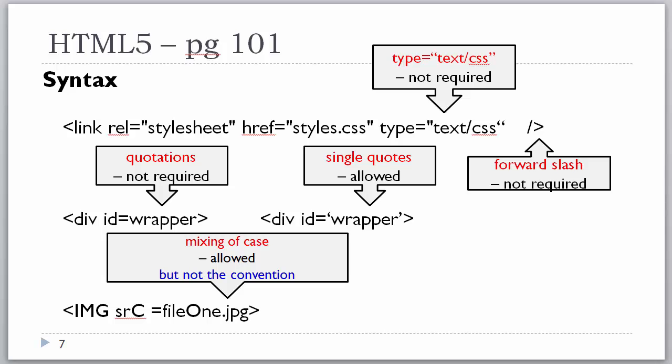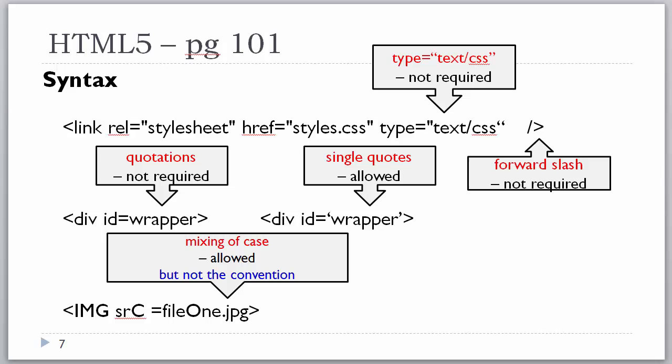Alright, the slash, here again in XHTML, one-sided elements, also sometimes referred to as void elements, were self-terminated with the slash. Here again, that is no longer required, although you may see it out there. Quotations. We are no longer required to have quotations.